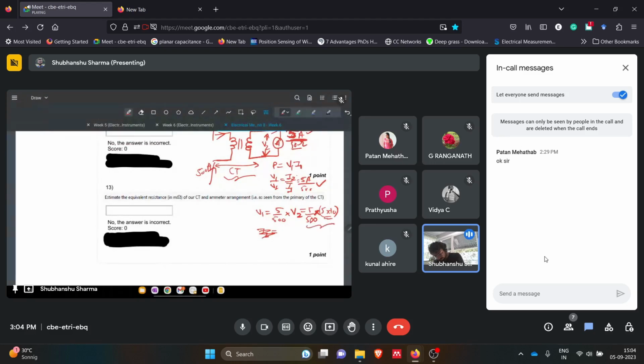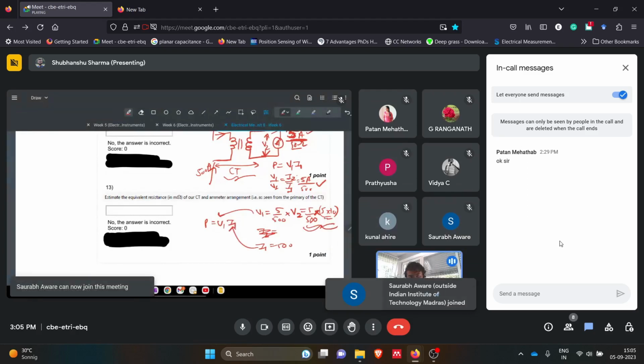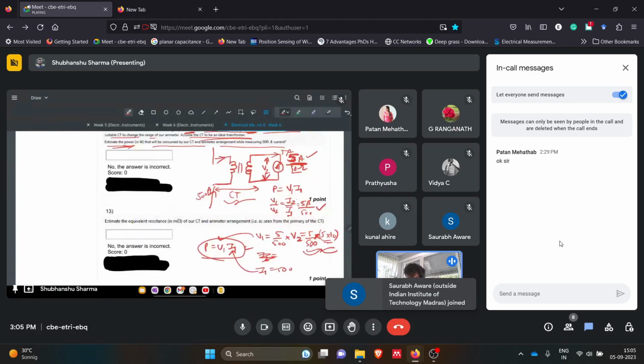So we will get the V1 value from here. I1 we know is 500. So power will be V1 into I1. This is the total power, so you can calculate this. This is easy then.